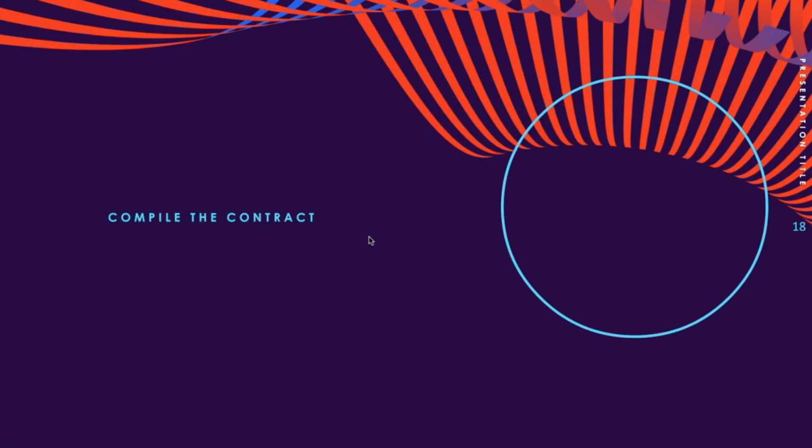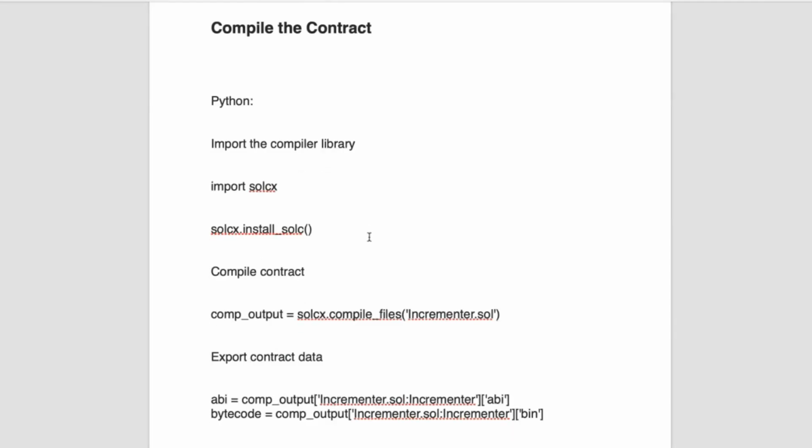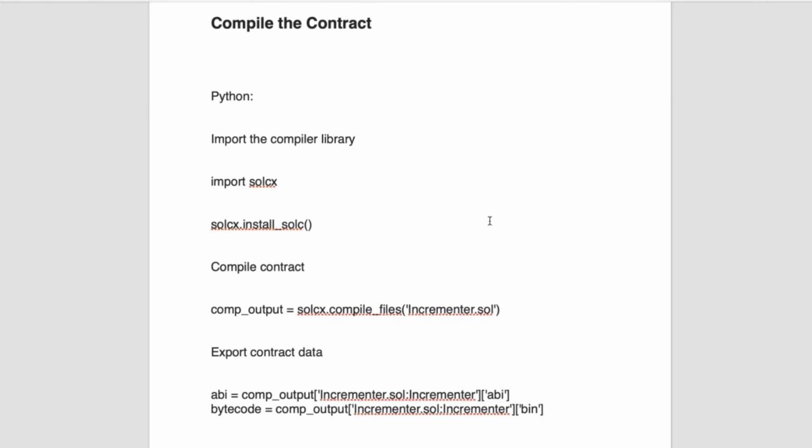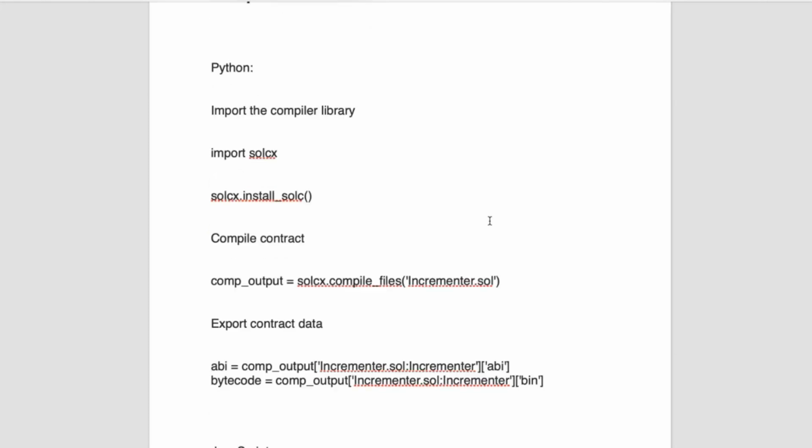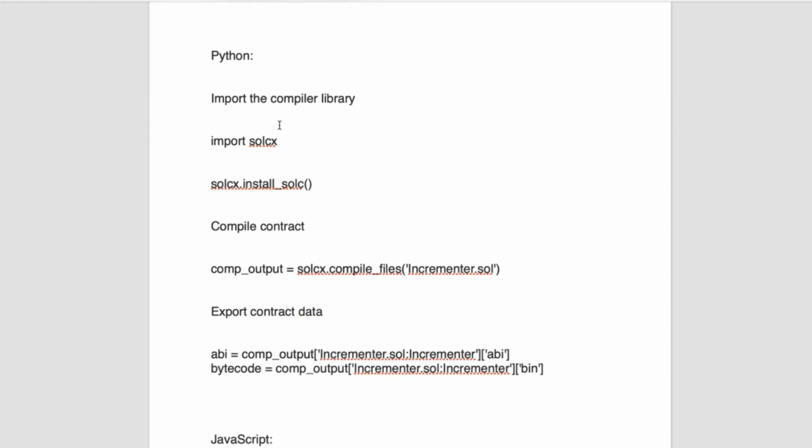After this, we're going to compile the contract. To compile it and make sure that everything's working properly, we first need to build a script that leverages the Solidity compiler to produce the ABI and bytecode for our contract. We can first make a file, compile.py or .js, and use this code to do the compilation.